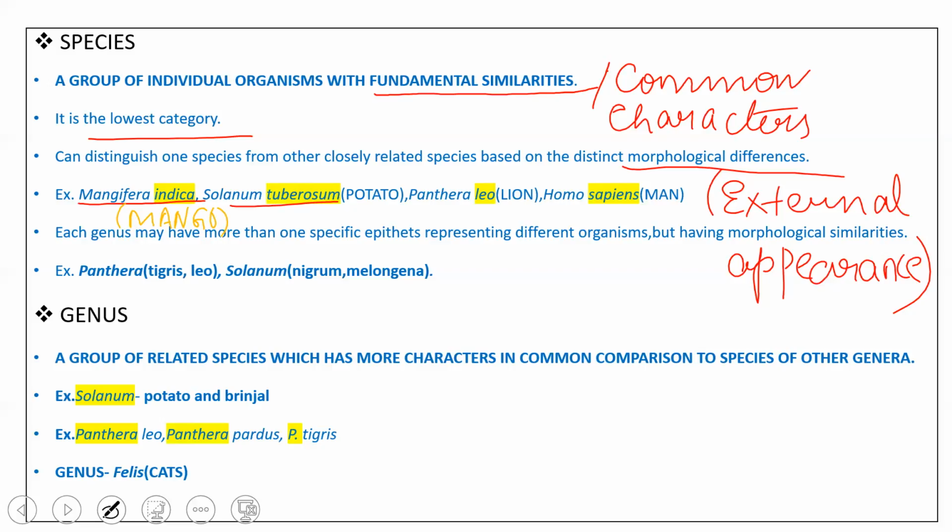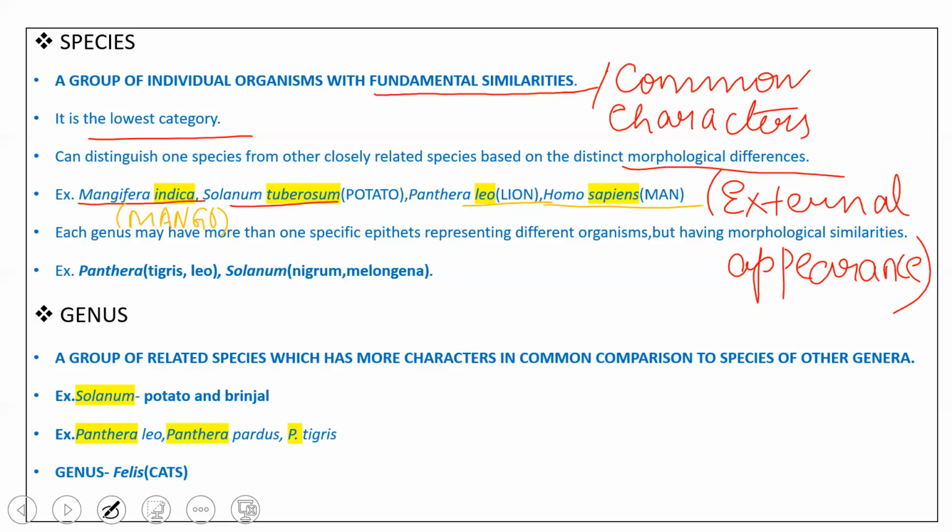These are typical examples if we consider the characteristic features of these organisms. Panthera leo, lion, and Homo sapiens all belong to one single group, Mammalia, a class which includes lion, man and a few other examples. The common characters here are the presence of mammary glands or fur-like hair.